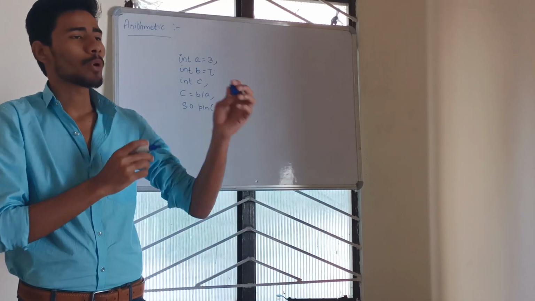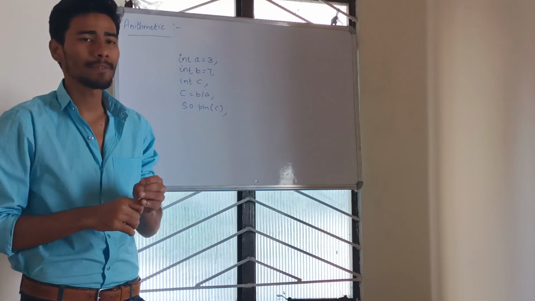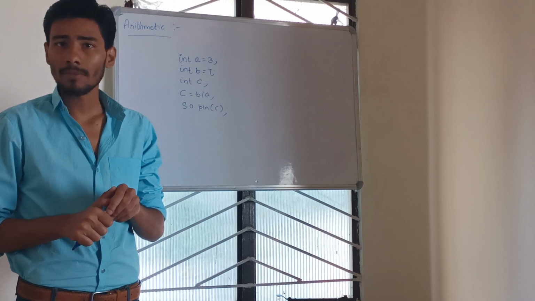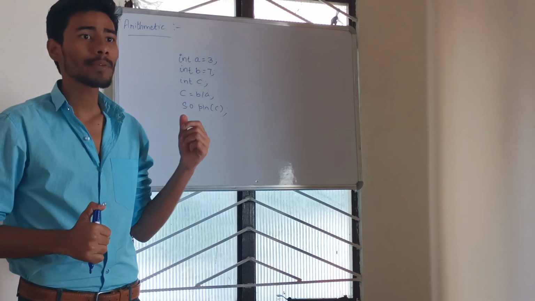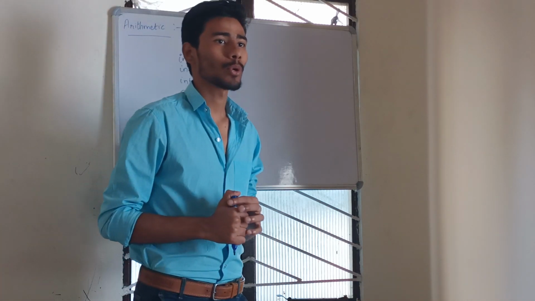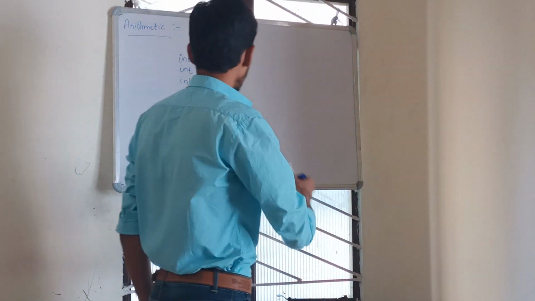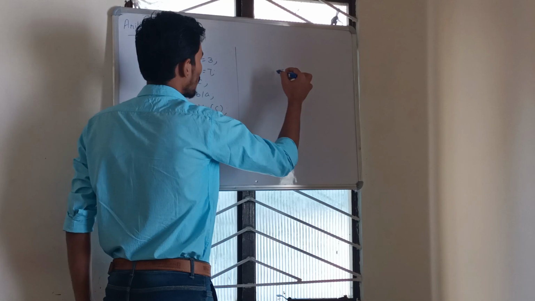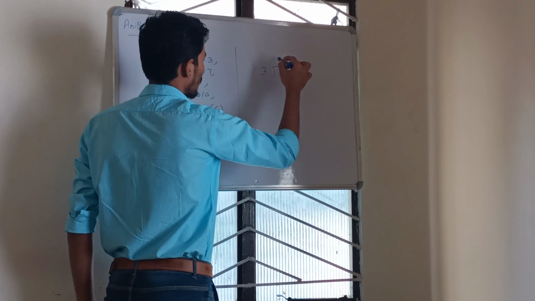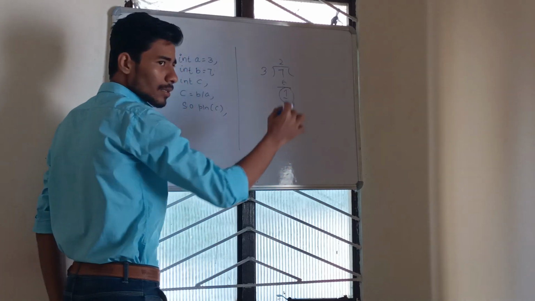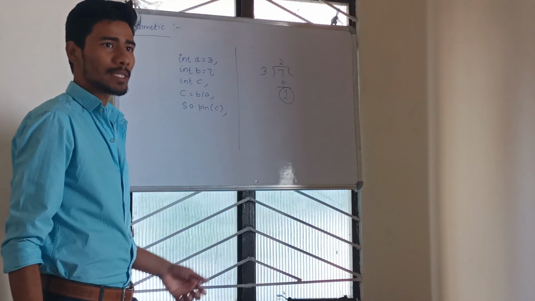Why 1? Because for this modulus operator, in the division operator, what was happening? We were taking the quotient as our output. Yes or no? Here we will take the remainder as our output. What is the remainder? So I will get 1 as my output.